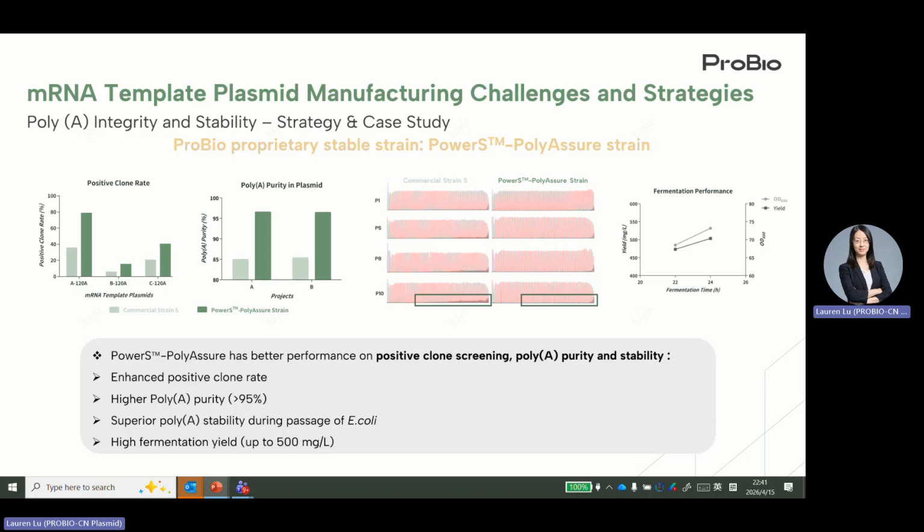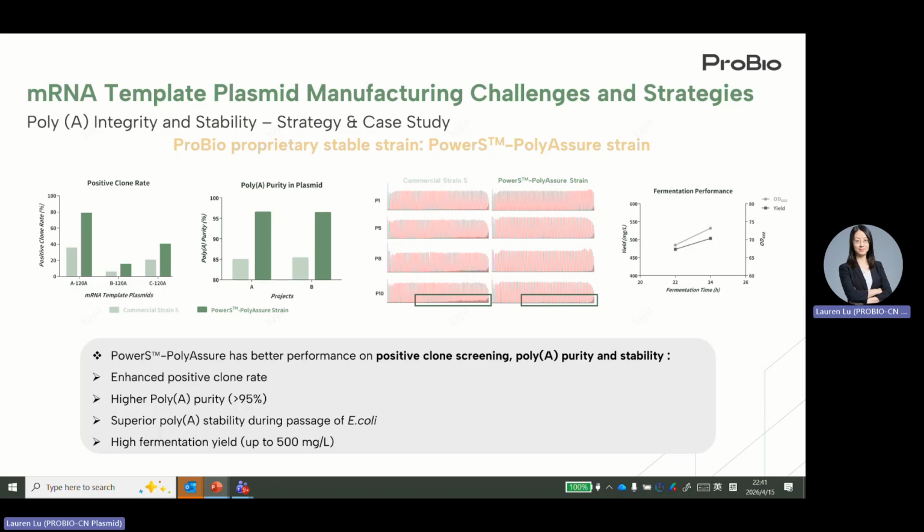And this slide highlights our strategy to overcome poly-A instability through ProBio's proprietary engineered strain, the Power S PolyAssure.